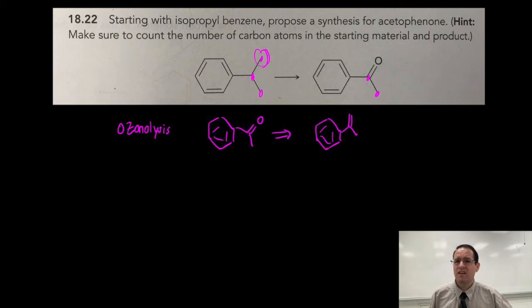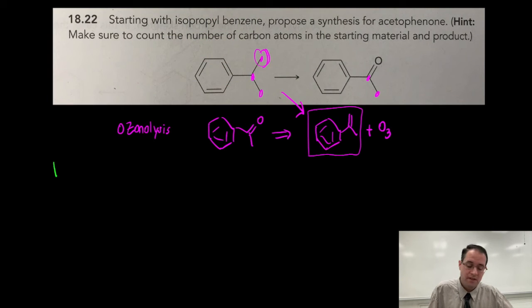Now you might be thinking, wait a minute, benzene has alkenes or carbon-carbon double bonds, but remember, because of the aromatic stabilization there, ozone is not going to react directly with those carbons of the aromatic ring.